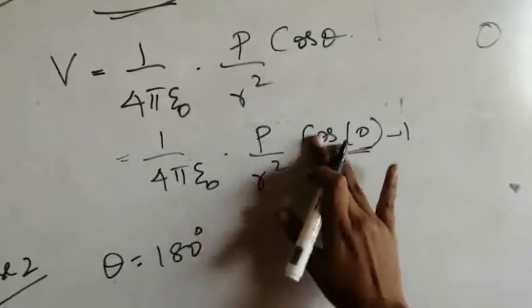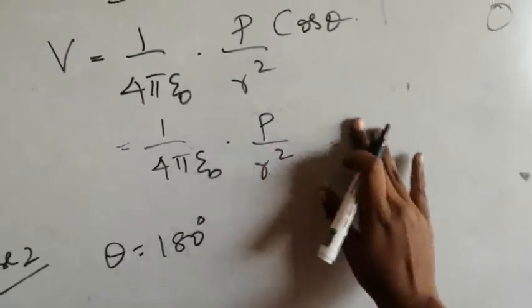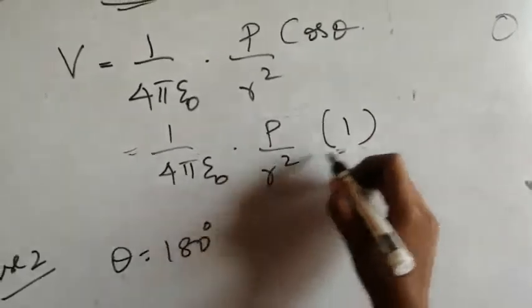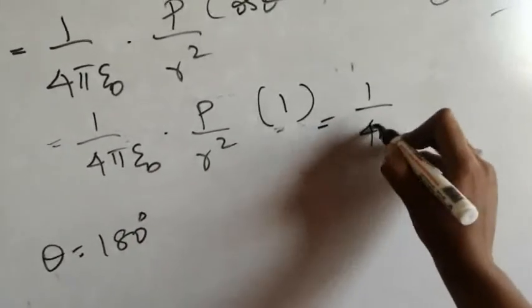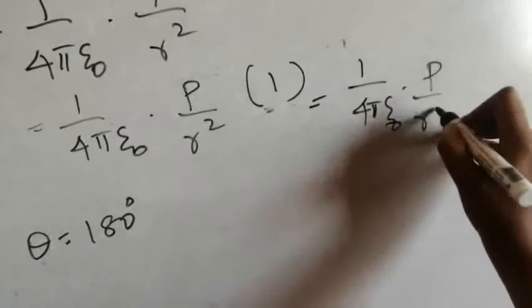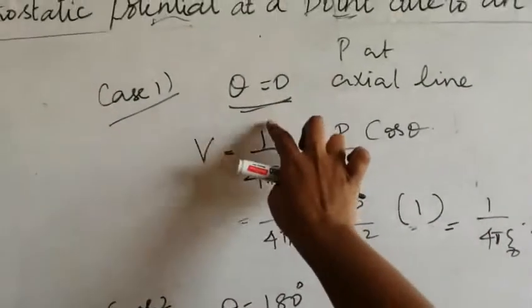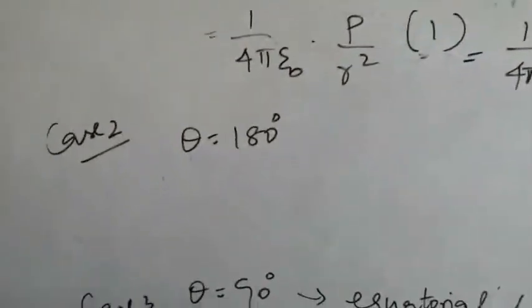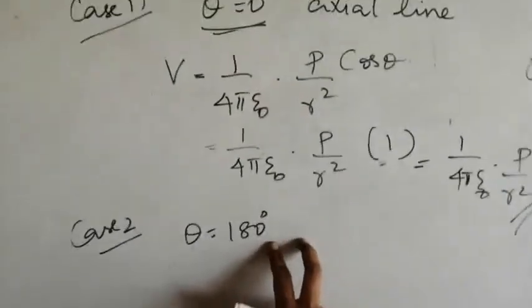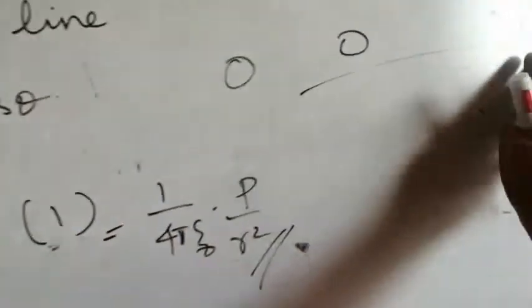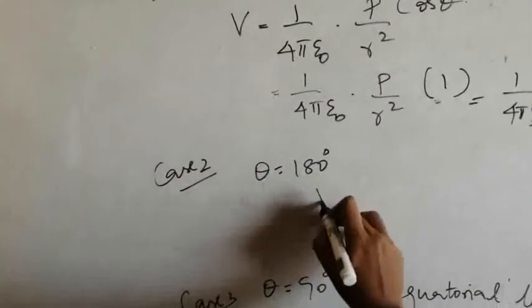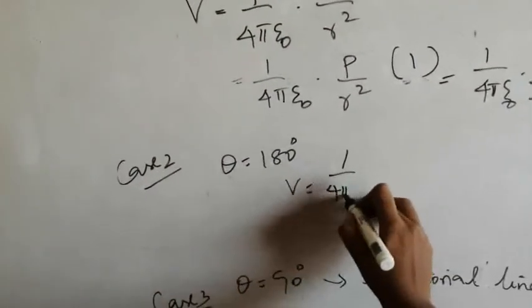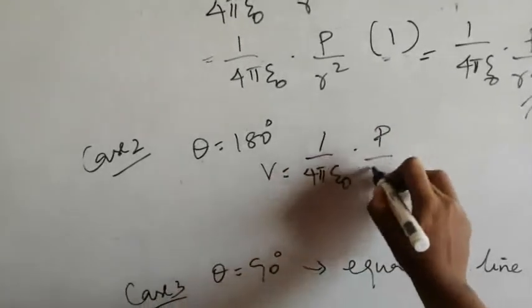So it is simply 1 by 4 pi epsilon naught into P by r square. This is for theta equal to 0.